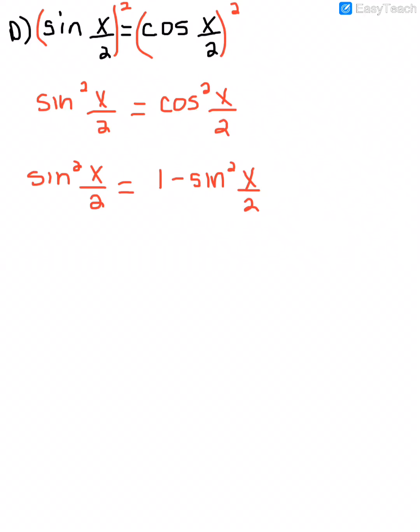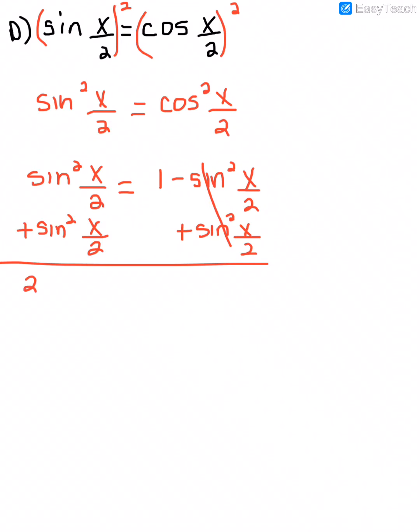All right, so let's try to solve this. Let's get both of the sines on the same side of the equation. So I'm going to add sine squared x over 2 to both sides of the equation. Okay, so that gives me 2 sine squared x over 2 is equal to 1.